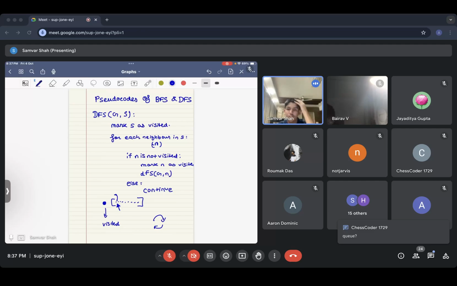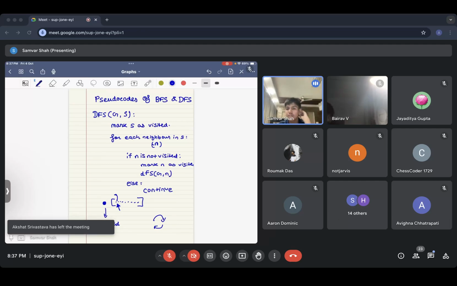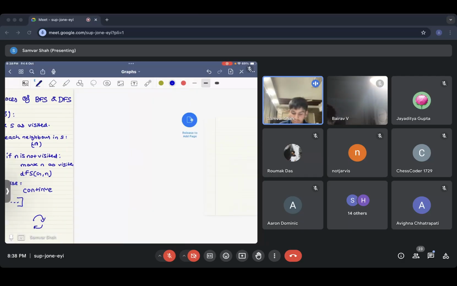We'd use a data structure called a queue. But since I don't want to add any new data structures and make it more complicated, I will give a more hand wavy explanation of how BFS works. A queue is the appropriate data structure, and in the notes, I will put it with queue. But just in case someone does not know how the queue structure works, I'll not be going over it.